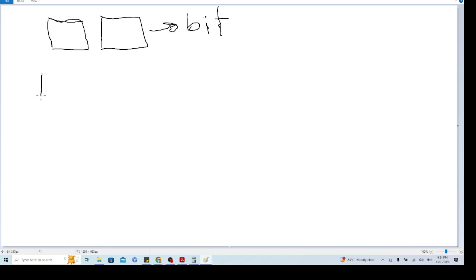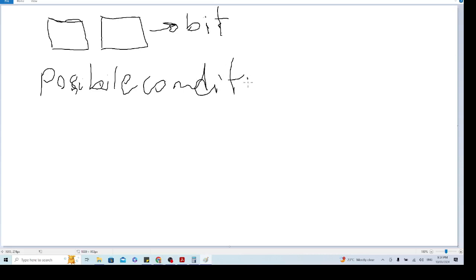How many possible conditions can you have in each box? Two. Why two? Because you can have zero here or you can have one here. Am I right? Same for this one. Zero or one. Not both together.